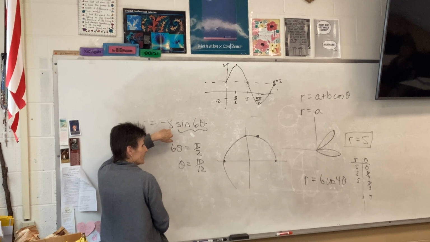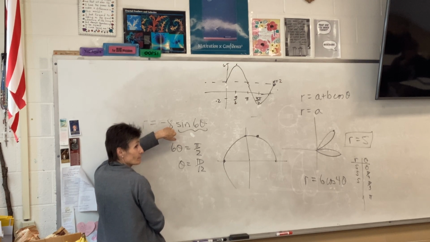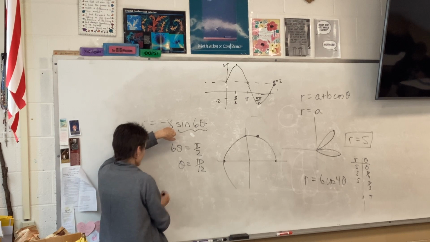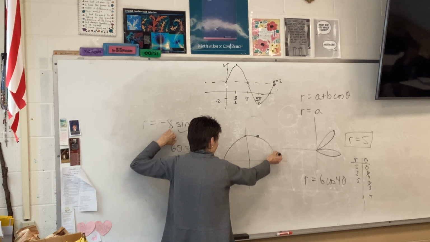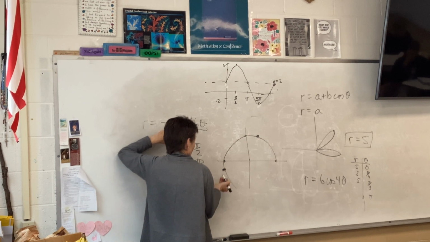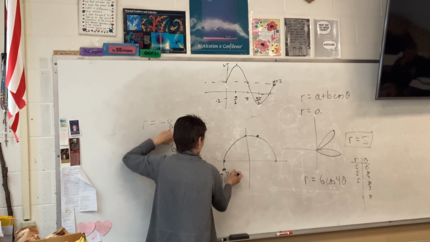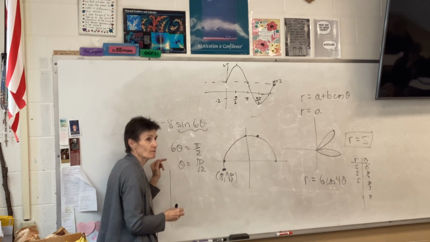You're actually going to plot it at 13 pi over 12. So your first one is actually going to be plotted down here in this quadrant because it has a negative r, so it's getting flipped over to here. So your first petal is actually going to be plotted at the point 8 comma 13 pi over 12. Does that make sense to everybody?